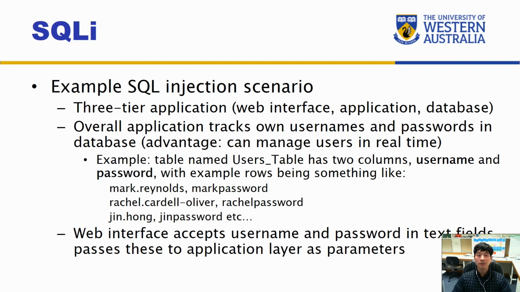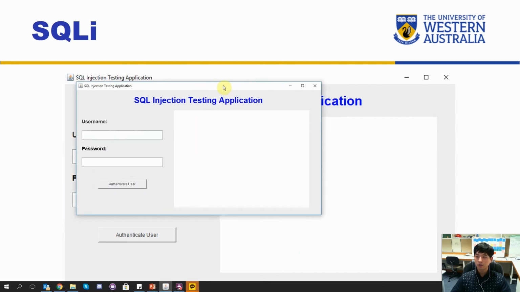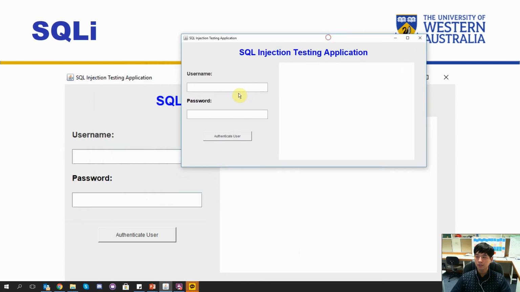Then a web interface accepts a username and password in text fields, and passes these to the application layer as parameters. It's going to look like this. I will show you. Here it is, the same one as what you see.